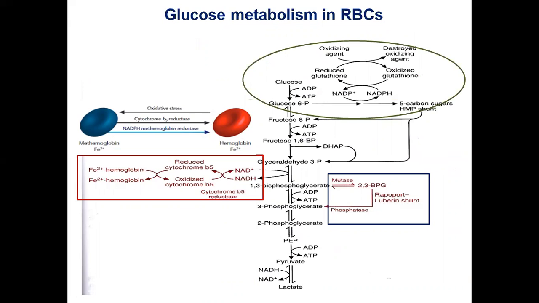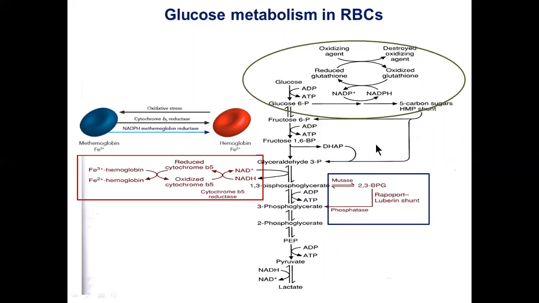Anaerobic glycolysis generates 2,3-bisphosphoglycerate, which regulates the release of oxygen from hemoglobin. It also generates reduced NADH for conversion of methemoglobin to functional hemoglobin.